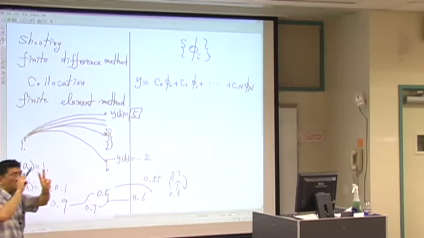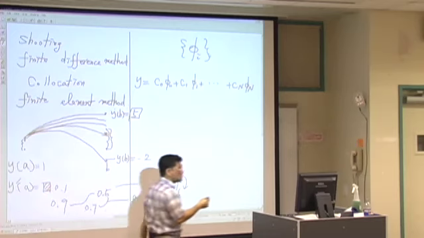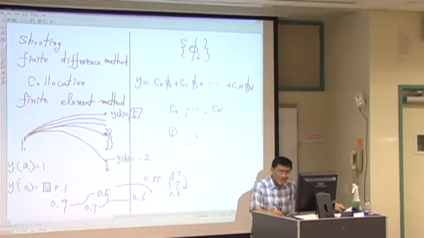And there are two ways of determining these coefficients. One is using collocation, the other is finite elements. Roughly this is the idea. We determine C0 up to Cn by using the information at, for instance, n plus 1 points.